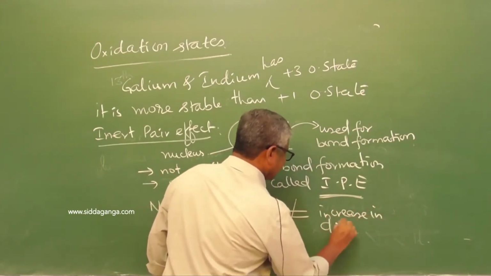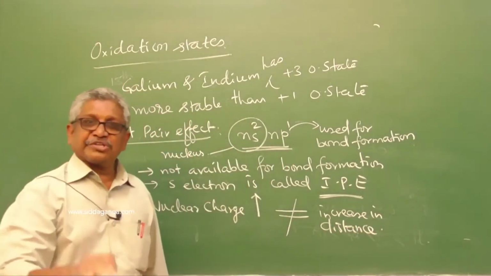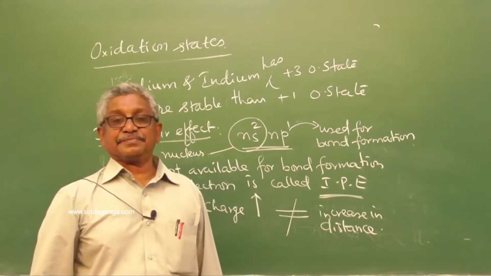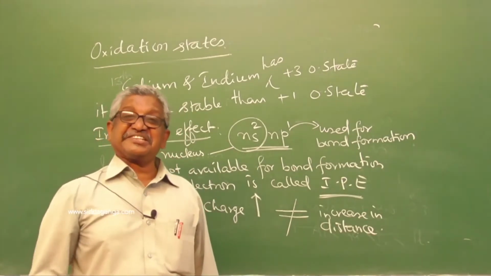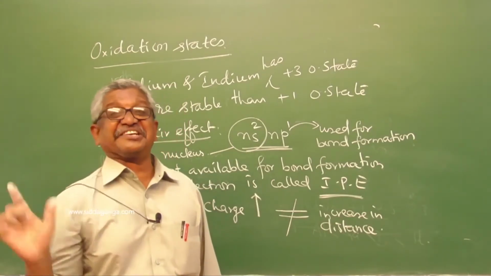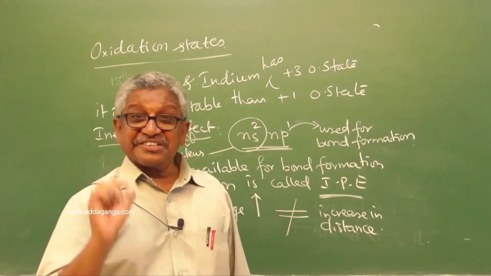Moving down the group, atomic size increases, so the nuclear force of attraction should decrease.